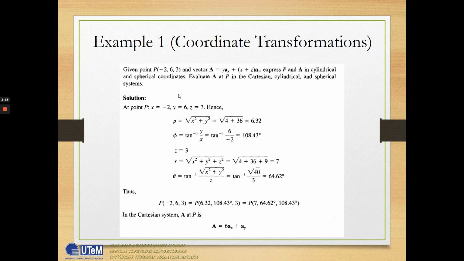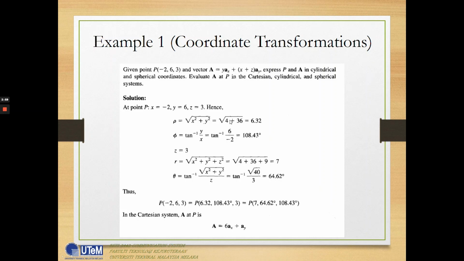So we start now. We have given P equal to x, y and z, which means x is equal to -2, y is equal to 6 and z is equal to 3. Now we find our elements for the cylindrical and spherical coordinate systems. For cylindrical, we need to find rho and phi, and for spherical we need to find r, phi and theta. So we go for rho first. Rho is the square root of x squared plus y squared.